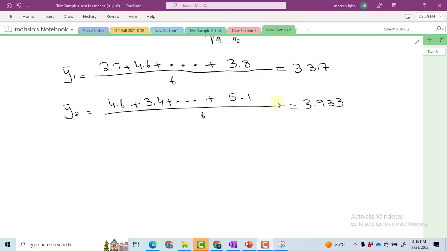Now I will calculate the standard deviation or variance for both samples. Let's write the formula for the variance.